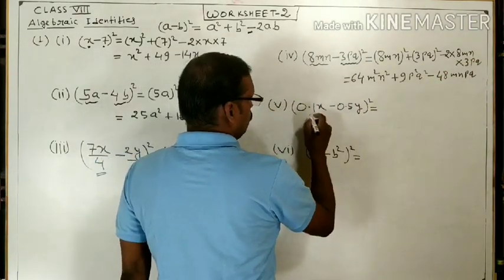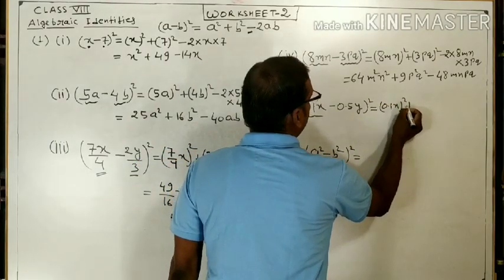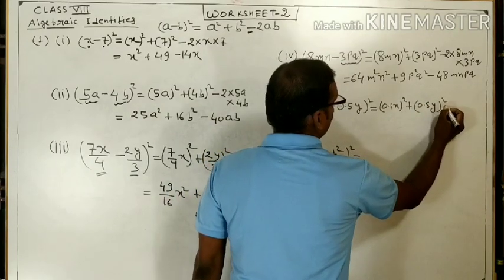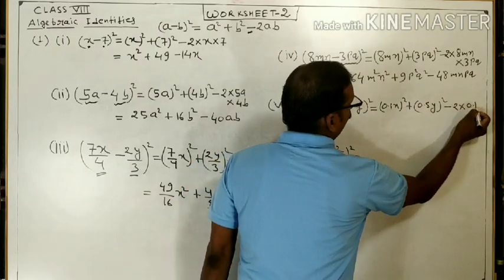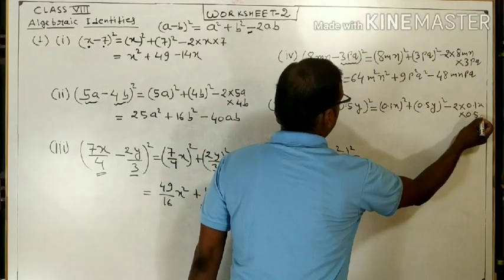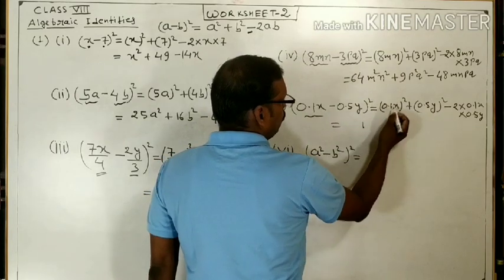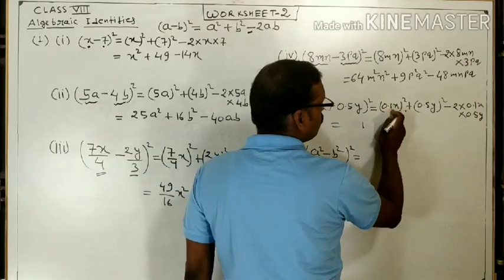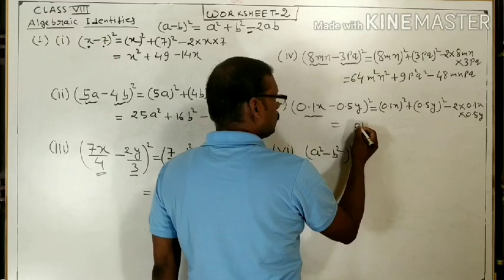Question number 5. In place of a, we see that it is 0.1x. (0.1x) whole square plus (0.5y) whole square minus 2 into first number 0.1x into second number 0.5y. Now solve it. 1 square is 1, and put the point after 2 digits, because in 0.1 there is only 1 digit after the point, and if we square then we put the point after 2 digits counting from the right side.